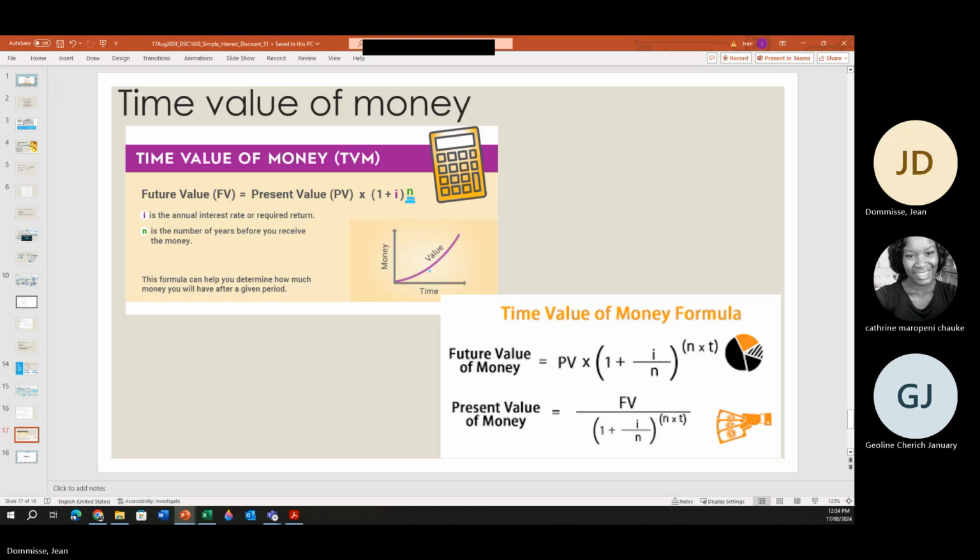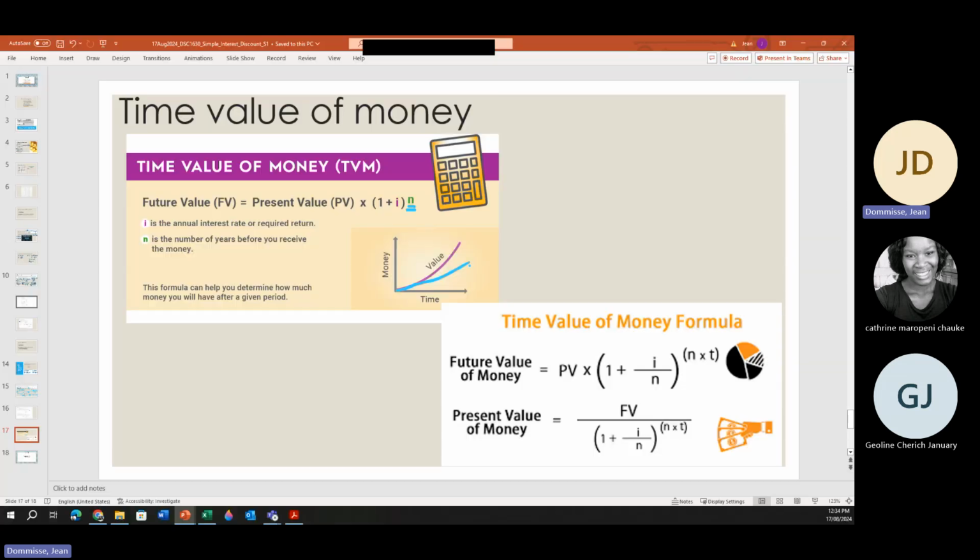So normally if it's simple interest, your formula or the line will be a straight line where you just every time accumulate interest, and that gets paid into an account.